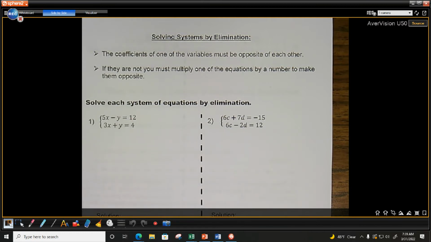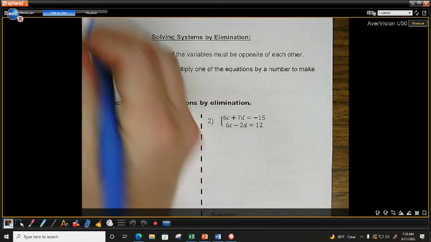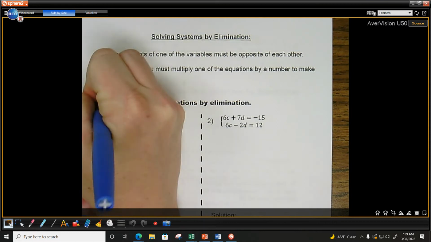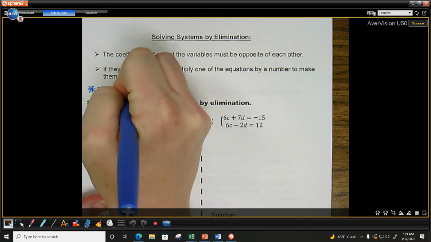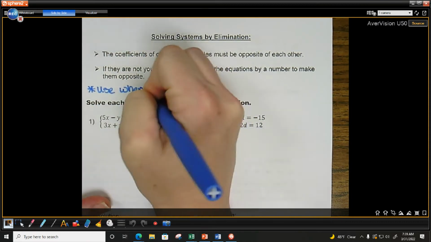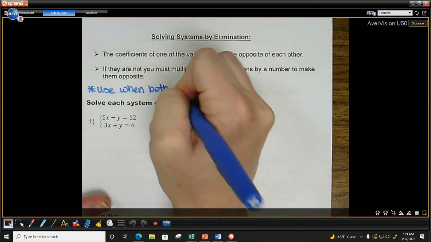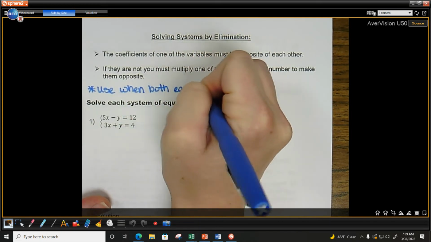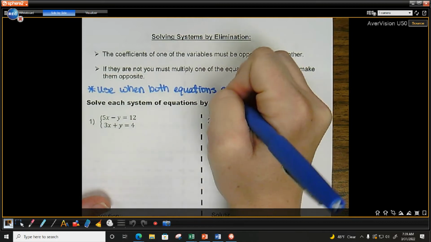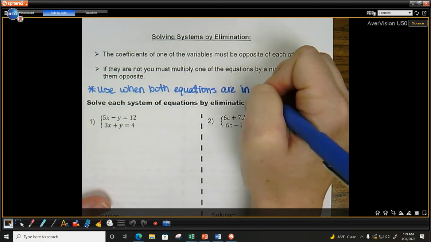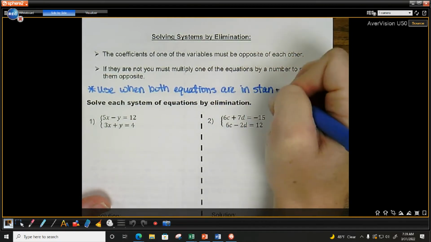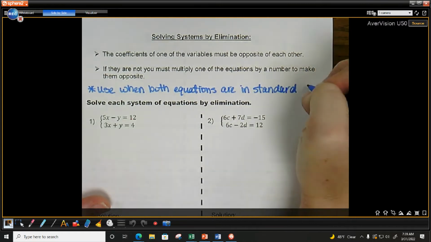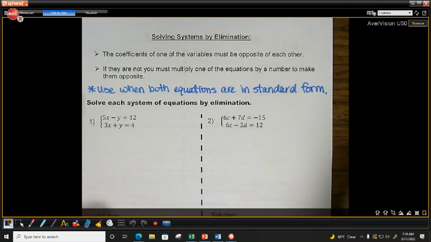Okay? When are we going to use this method? We are going to use it when both equations are in standard form.